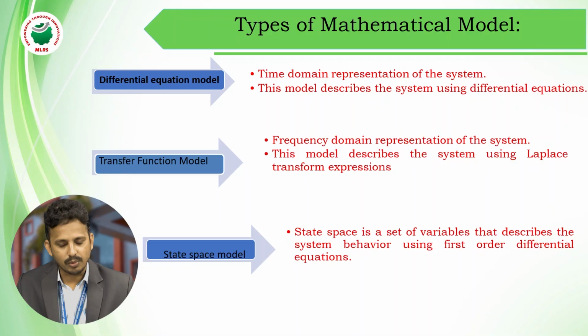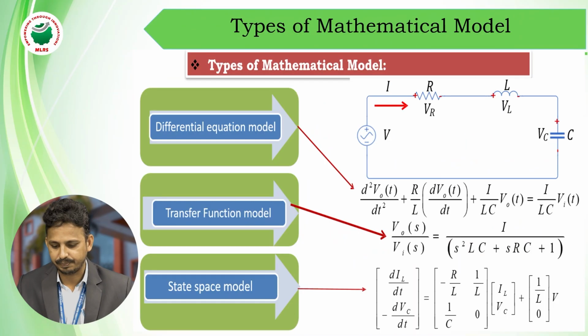The transfer function model is the frequency domain representation of a system. This model describes the system using Laplace transform expression. And finally, the state space model: a state space is a set of variables that describes the system behavior using first order differential equations or higher order differential equations.